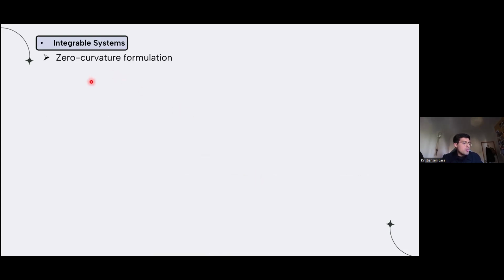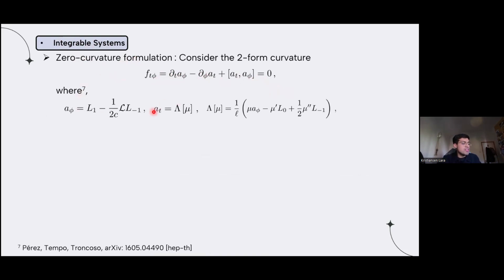And finally, with this crash course of integrable systems, we have that these systems can be postulated as a zero curvature formulation, and this is the linking point with AdS3 general relativity. So consider the two-form curvature that you can see here, where A_t and A_phi are given by this expression. What are these? L_0, L_plus-minus 1 are the generators of the SL(2,R) algebra.